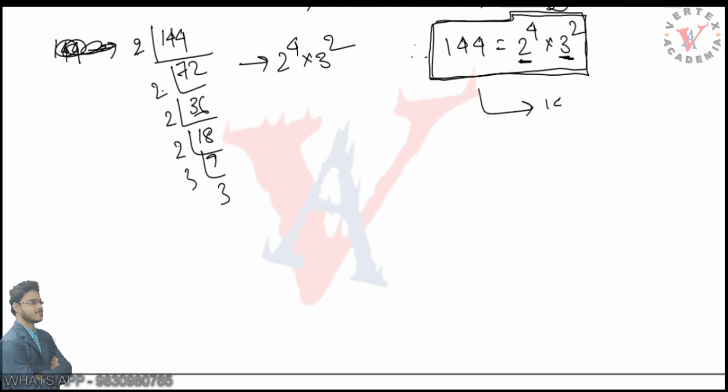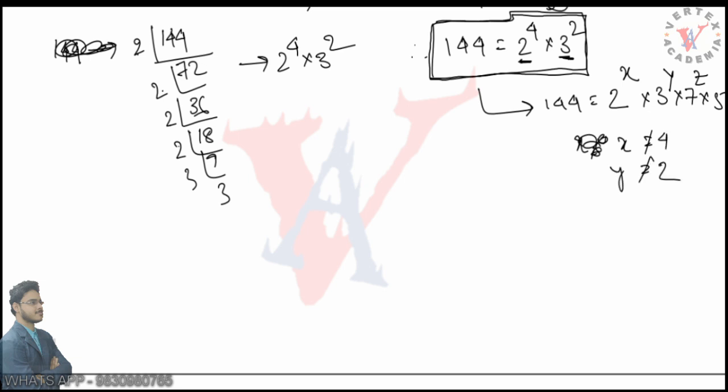For example, you cannot find 144 equals 2 to the power x into 3 to the power y, or maybe any other primes 7, 5, with x not equal to 4, y not equal to 2, and z, k not equal to 0. So this may be a bit difficult for you to understand, but I will explain it to you. So basically 144, you can find no other factorization.